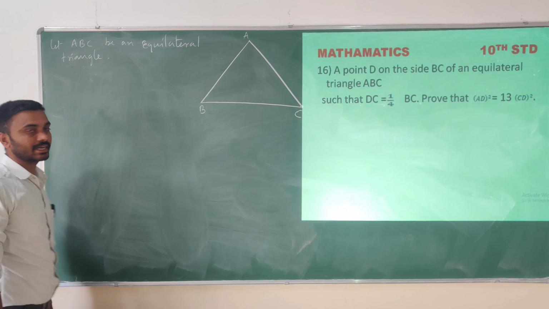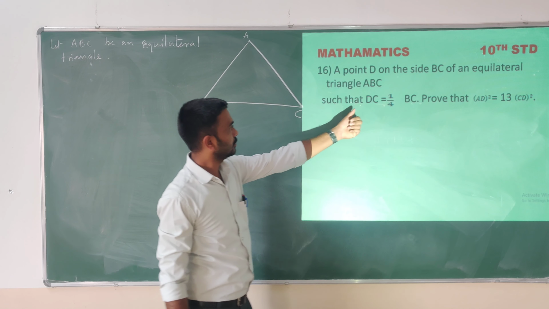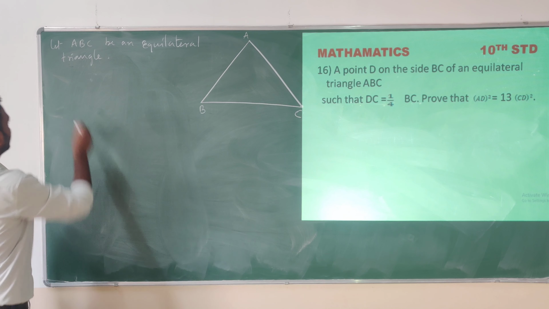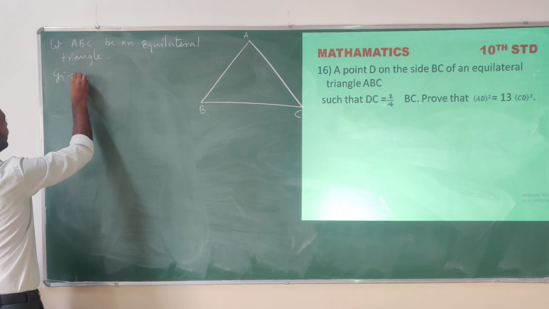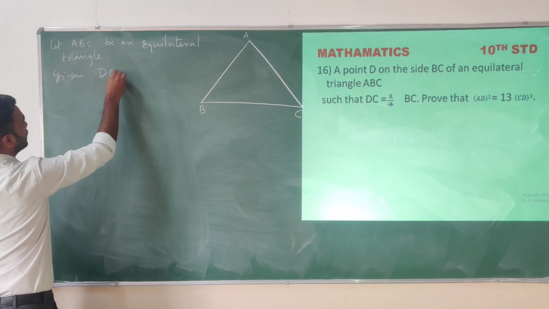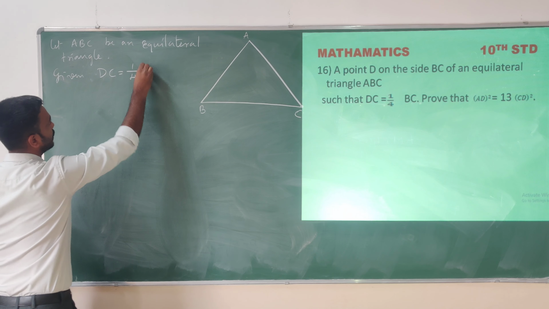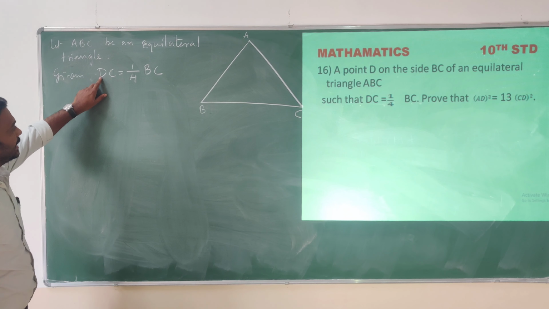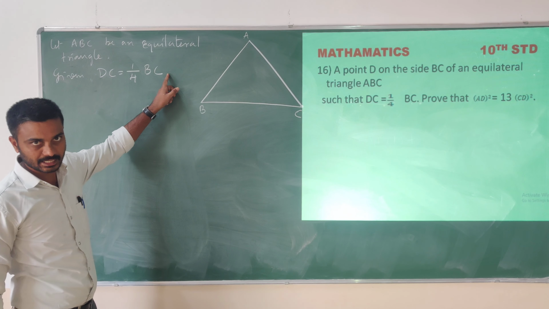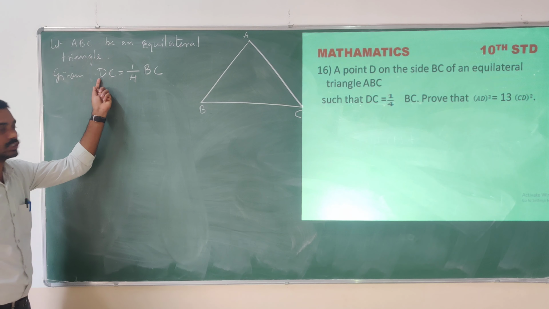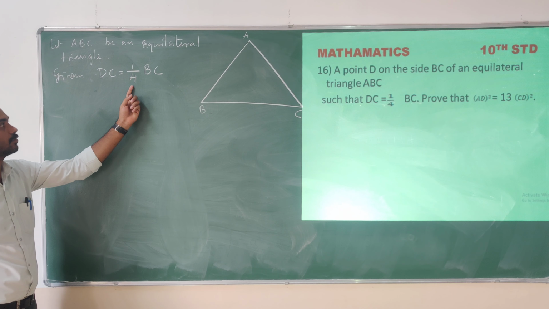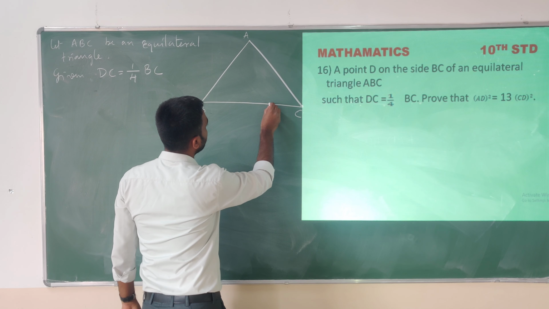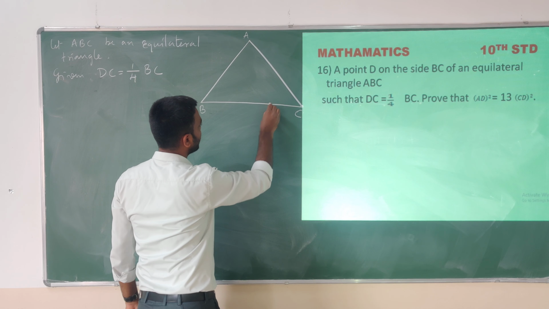Now, what is the given condition, dear students? Given DC is equal to 1/4 times BC. Which means D is a point on the side BC. To take the condition DC equal to 1/4 of BC, we must have a point D on the side BC.